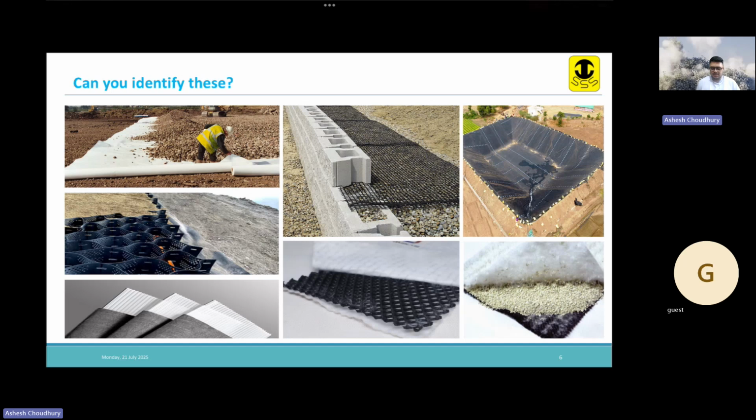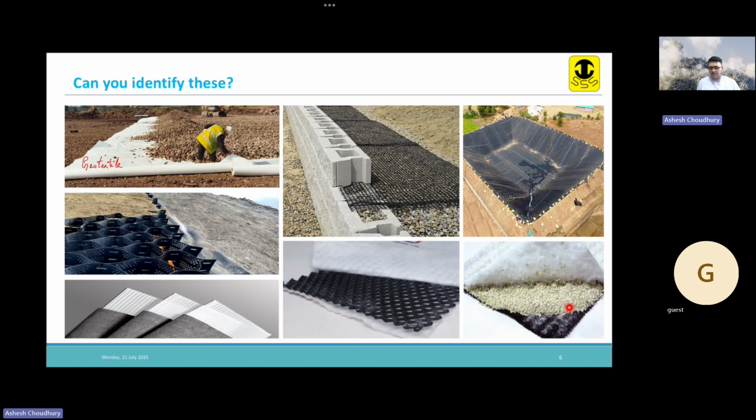These are textile-like things, and these are called geotextiles. Whatever we are wearing is also a textile, right? Similar to that, this is also textile-like stuff, but it is used in geotechnical applications, so we call it a geotextile.